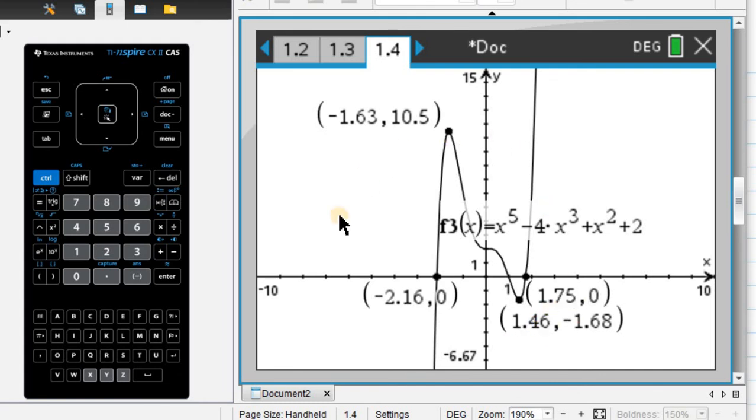That is all of the information that I need. I can find the y-intercept, which is here, and that was just plugging in 0 to the equation. So there's all the stuff that I need, and I can transfer it to a sketch on paper.